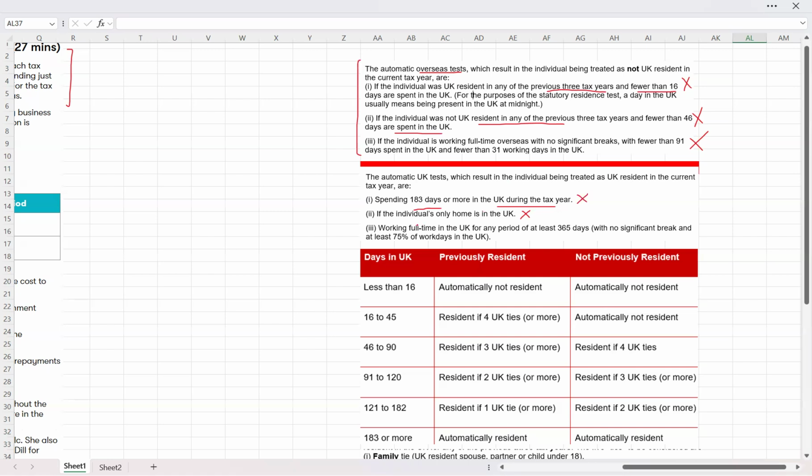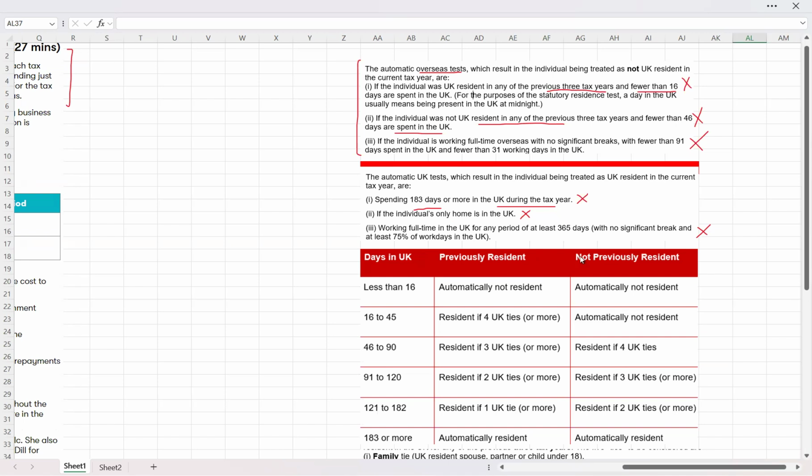And the third thing, working full time in the UK for any period of at least 365 days. Here, for the current tax year 24-25, Dill was not working in the UK. Dill was actually not working anywhere, overseas or in the UK. So we see that both the automatic tests are not applicable here.